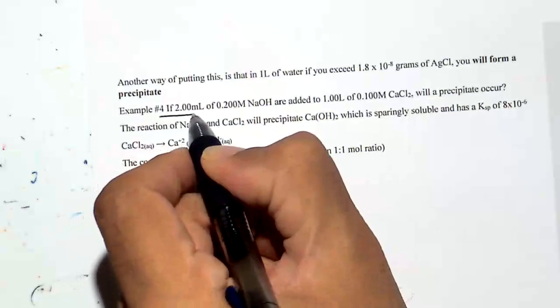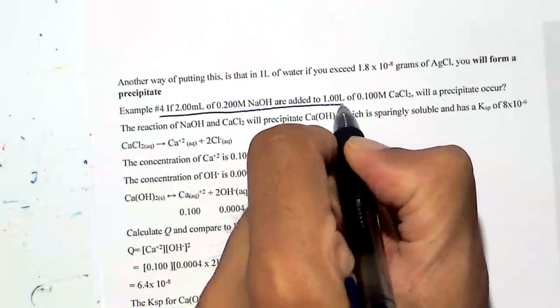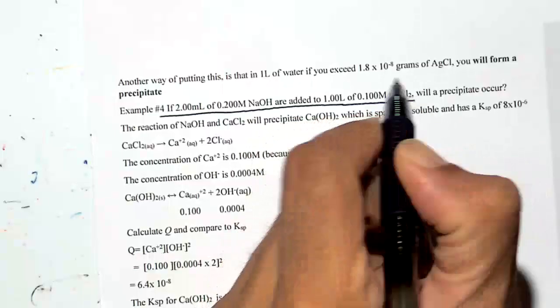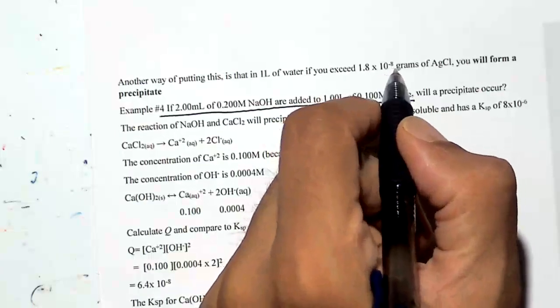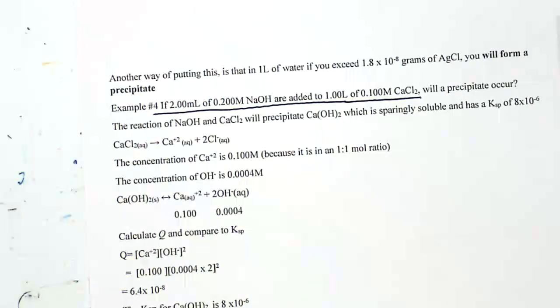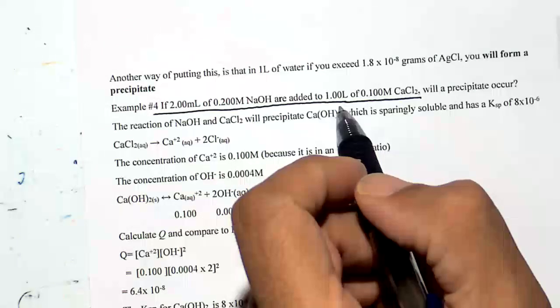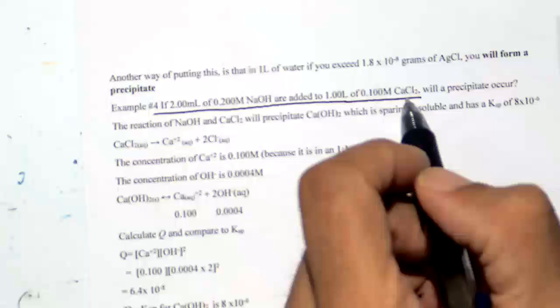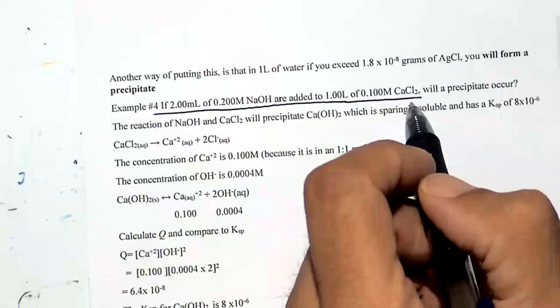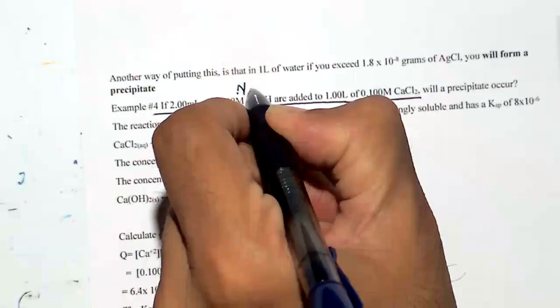If 2 mils of 0.2 molar NaOH are added to 1 liter of 0.10 molar calcium chloride, will you get a precipitate that forms? Will a precipitate occur? What will be that precipitate?